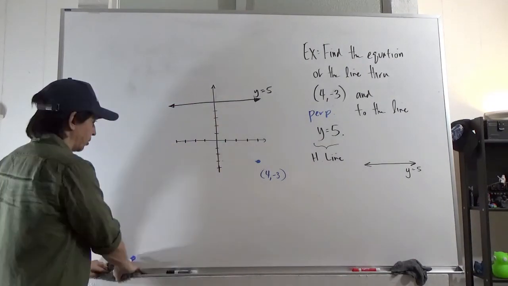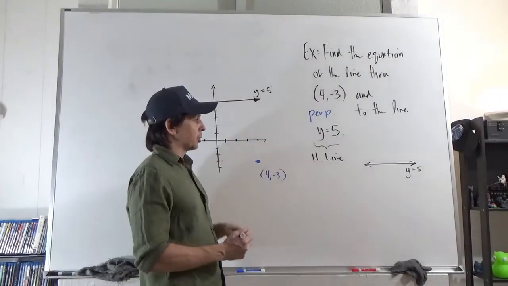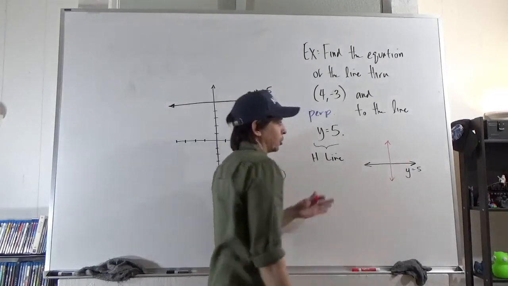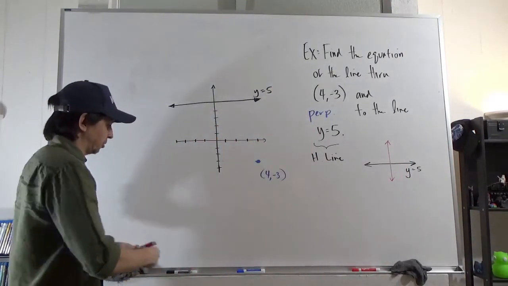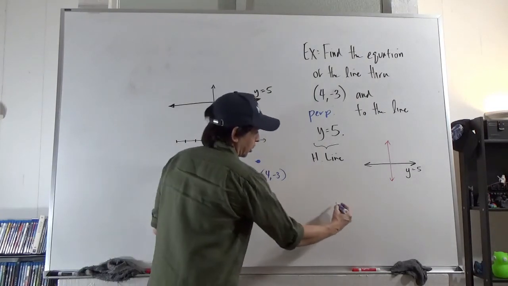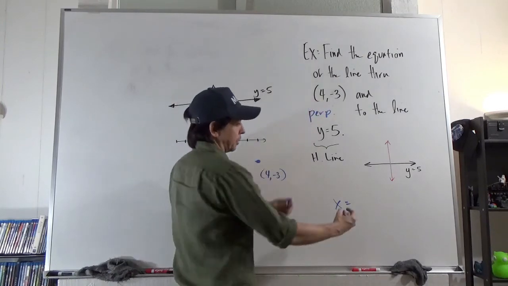So now it's a little bit different. Their line is still the horizontal line y = 5. We now want a line that's perpendicular. We need to go up and down. Specifically, we need a vertical line through this. A vertical line is going to be of the form x equals. It has to pass through that point, so it's going to be x = 4.